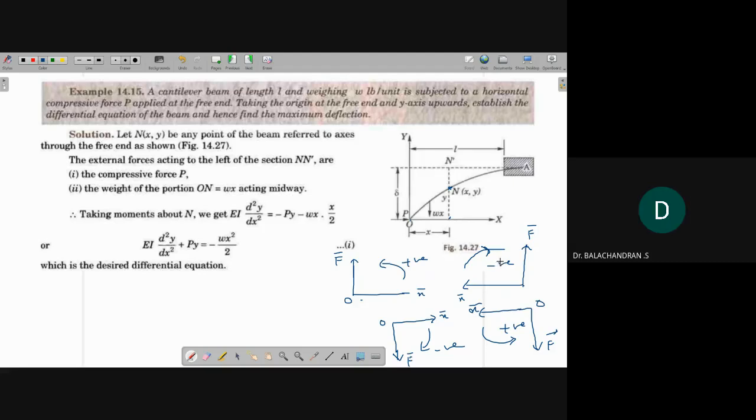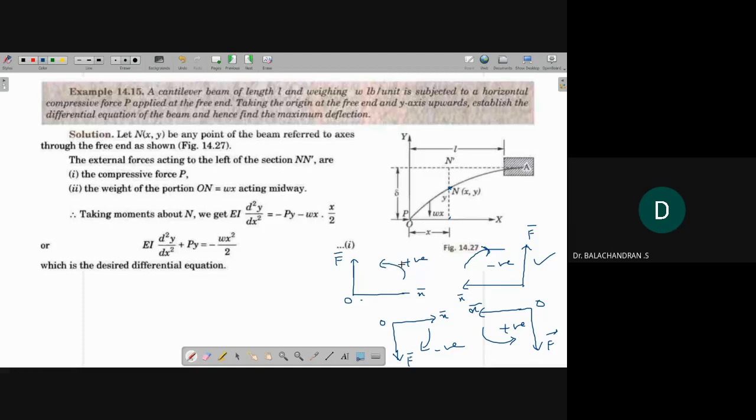Okay. Otherwise, I can tell you that if you rotate this by 90 degrees, you will get this diagram. Is it correct? Yes. If you rotate 90 degrees, F will come this side, X will come this side. So this is the correct one.